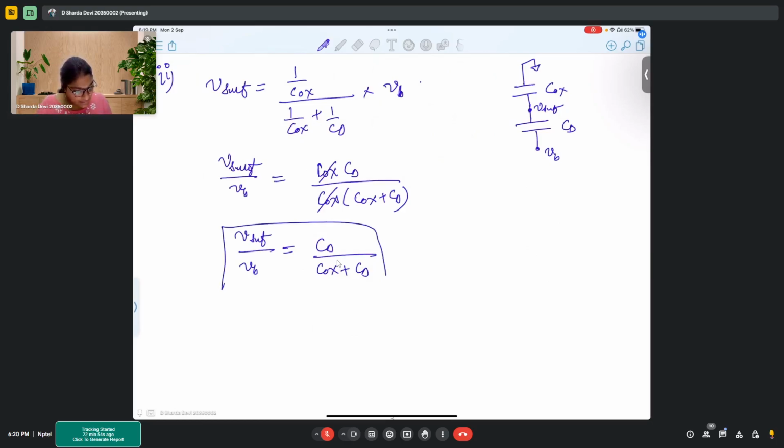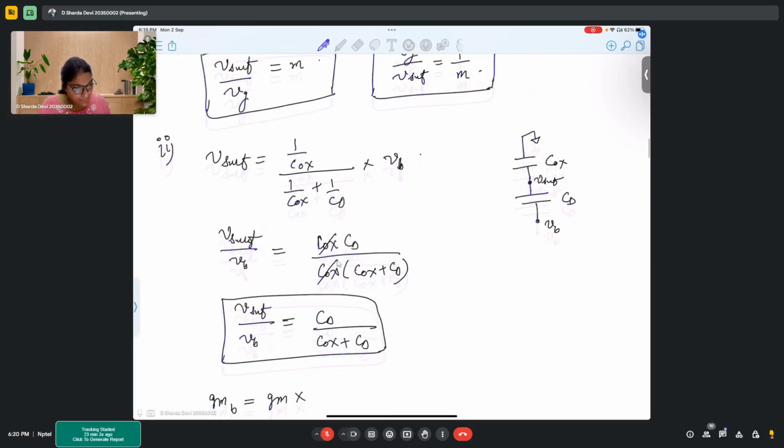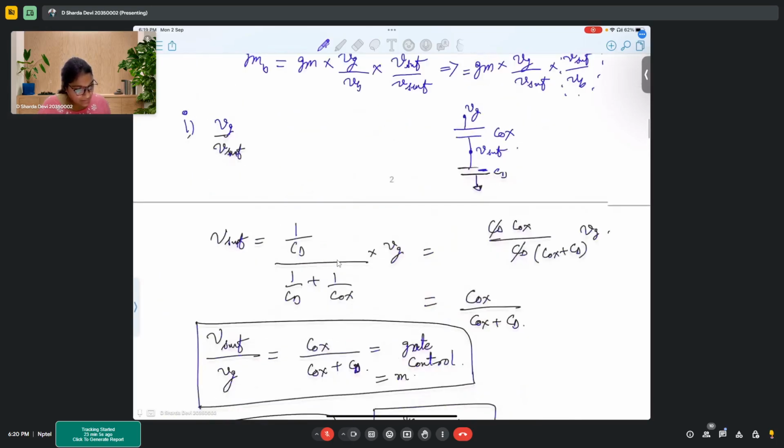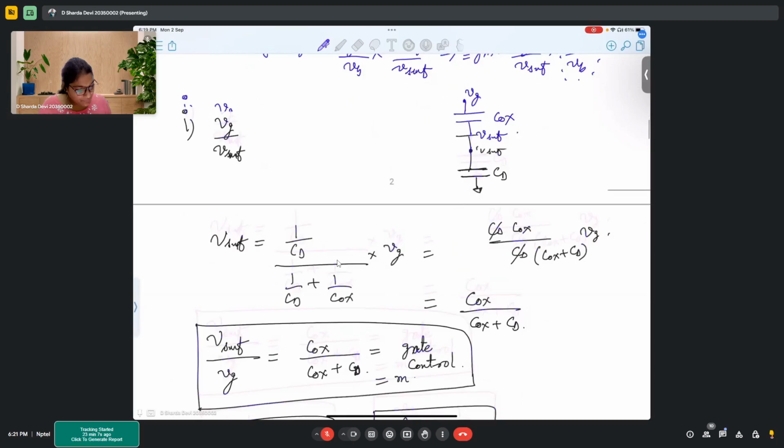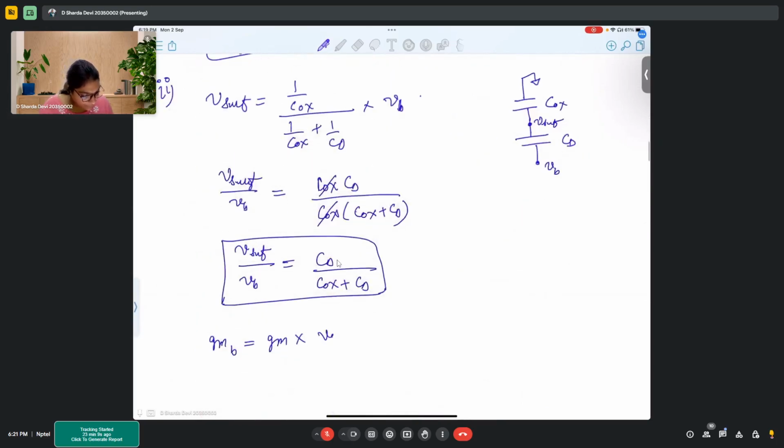So now we have these two. Let's substitute into GMB. So GMB becomes GM into VG upon V surface into V surface upon VB.